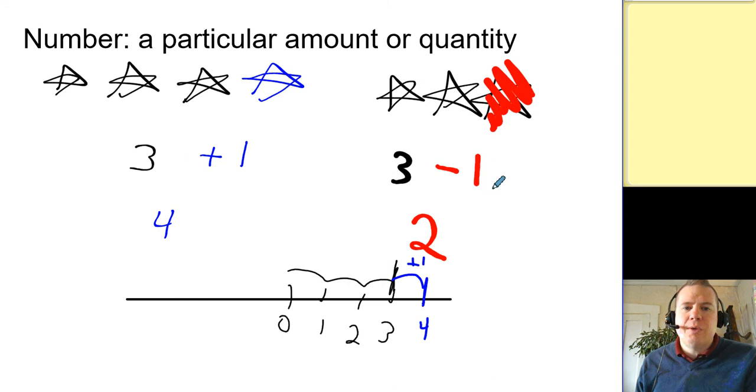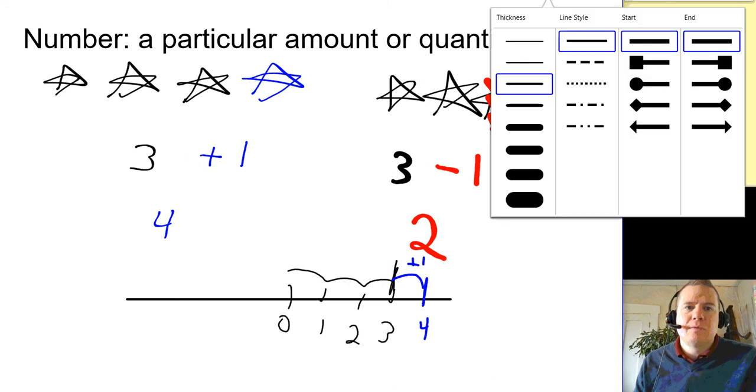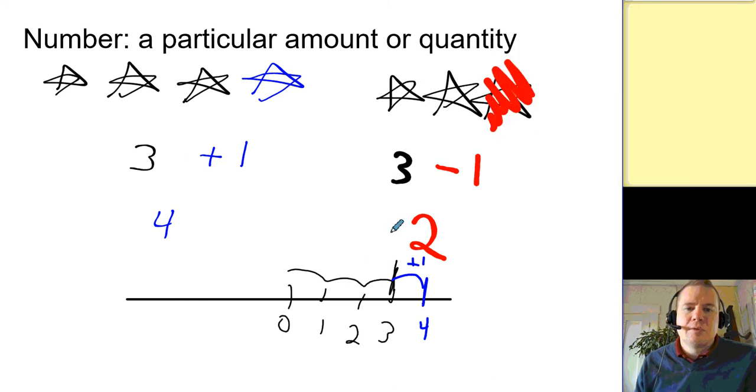And if I take away 1, that's moving me 1 place to the left to 2. Right? Now that adding and taking away doesn't have to happen where we're already starting with some quantity.